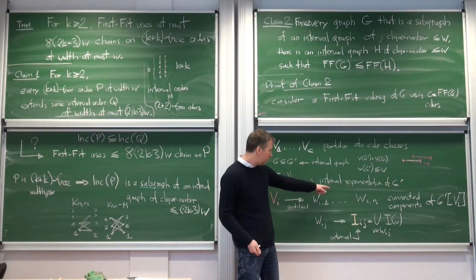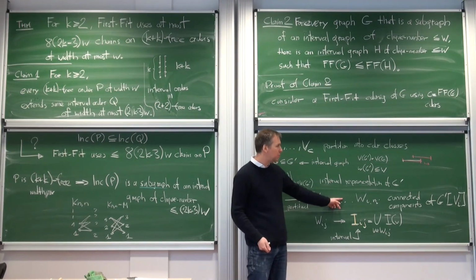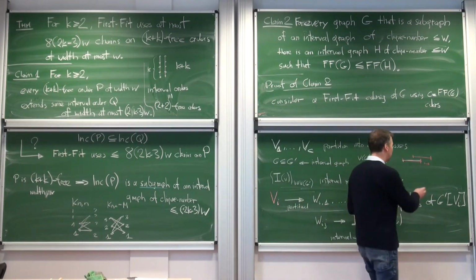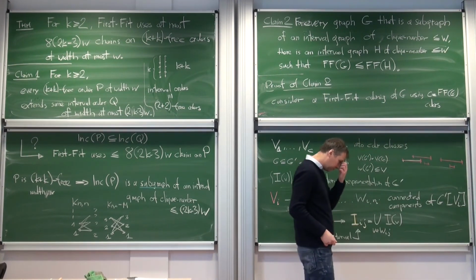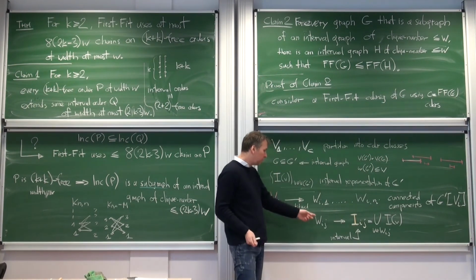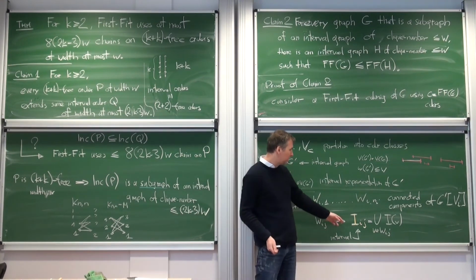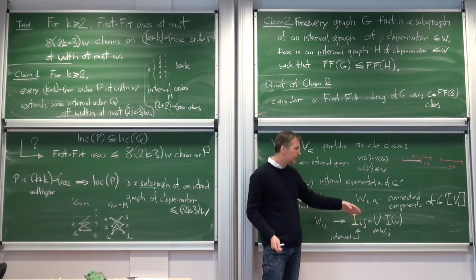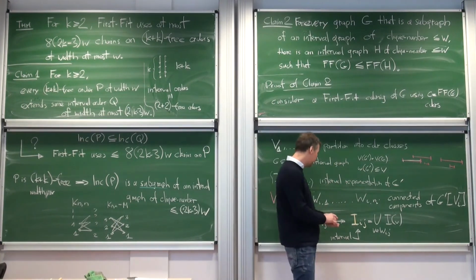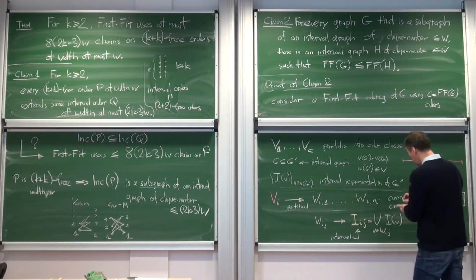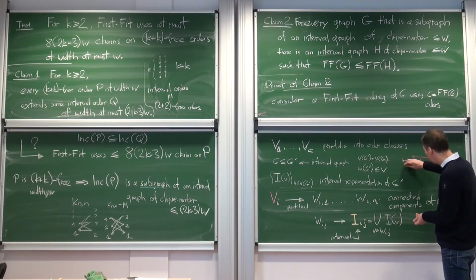And now for each component, the red connected component, that would be one, but maybe there is another one here, the second one. For each connected component, I want to take an interval representing it, and it's just the union of all intervals that contribute to that component. So the interval for this connected component would be just this big red interval, and that would be another one.